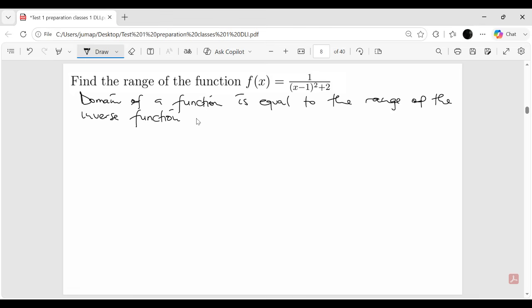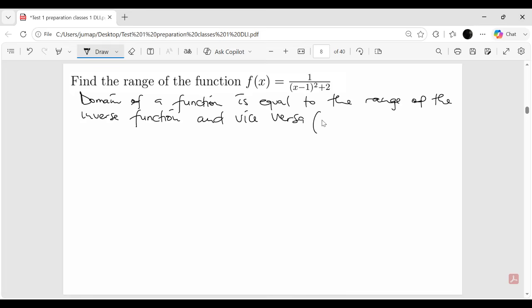Okay, and vice versa, meaning that the domain of the inverse function is equal to the range of the function.